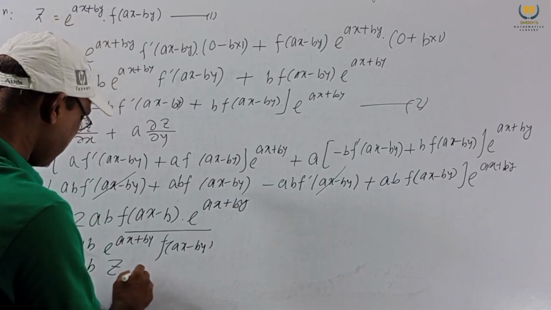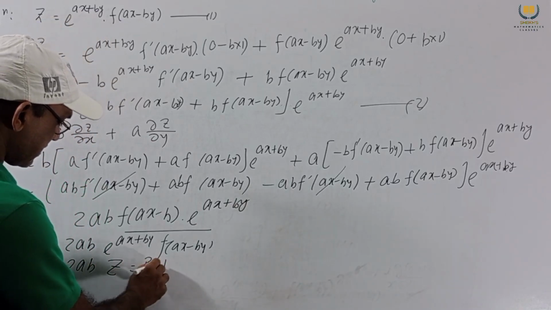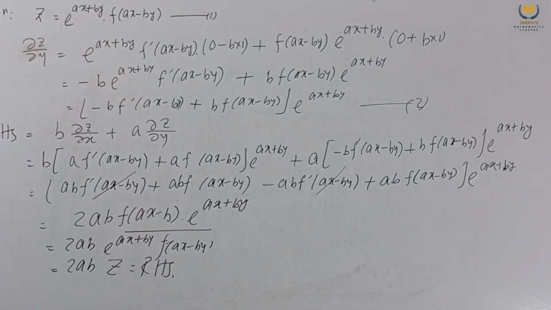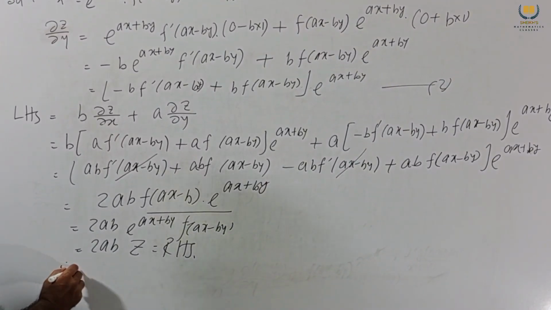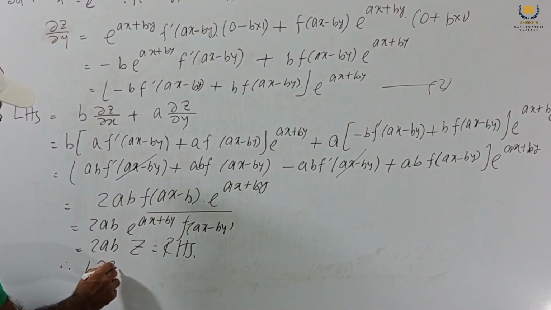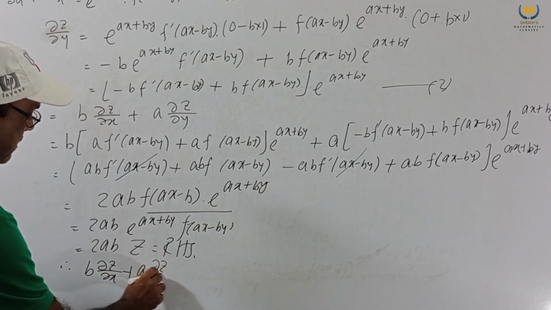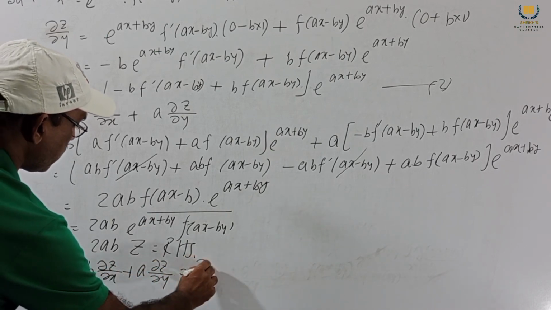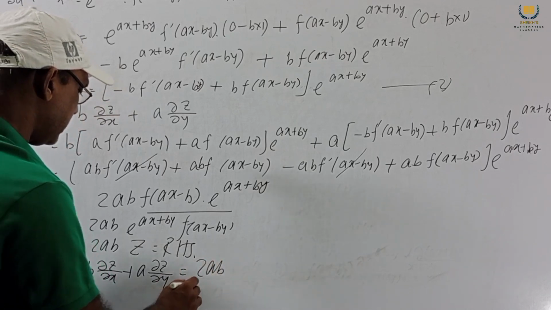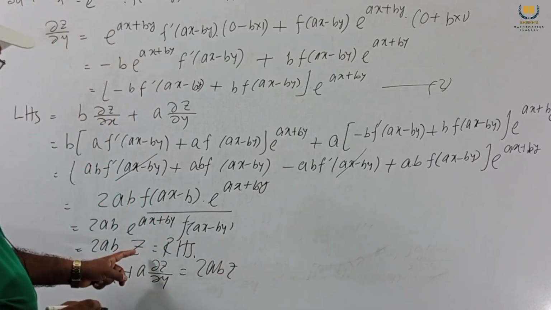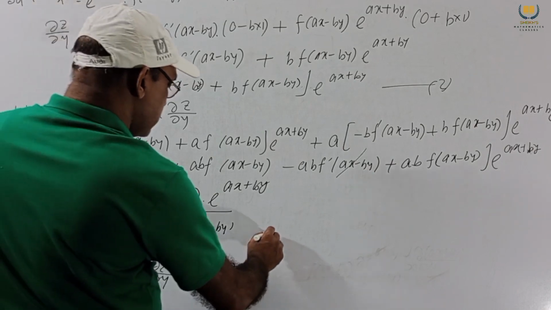After a long time we get our right hand side. Therefore, b ∂z/∂x plus a ∂z/∂y equals 2ab z.